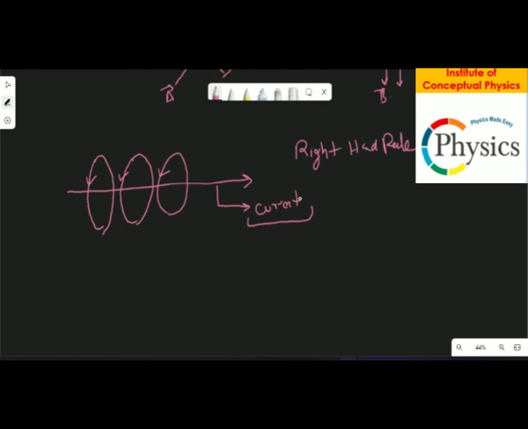Now, as per Lenz's law, which is the negative sign I'm focusing on, the current which gets induced should be in a manner that the magnetic field is created in such a way that it tries to restore the situation.